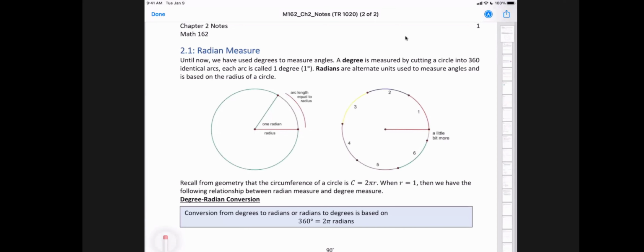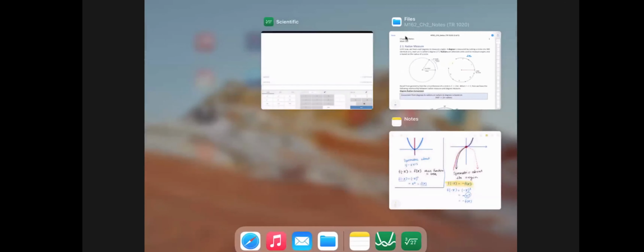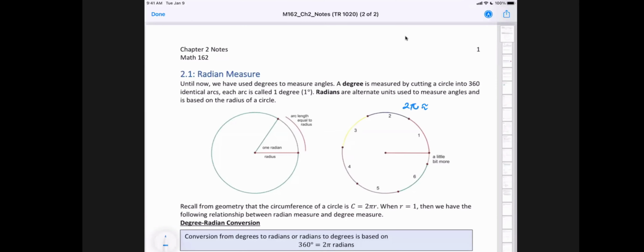It's proportional. So if we calculate the 2 pi part on the calculator, 2 pi as a decimal is about 6.28. The 0.28 is that little bit more.